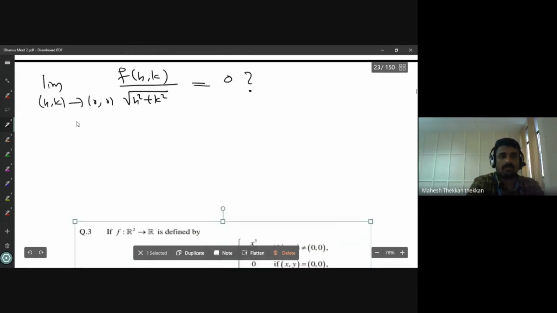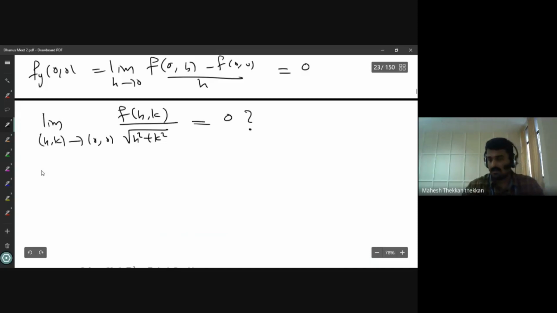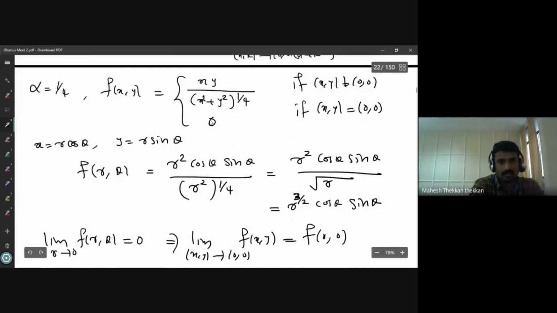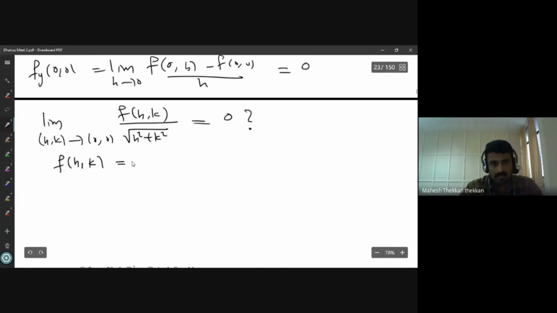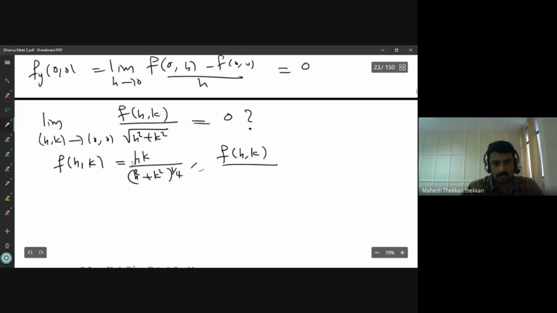So you just compute this value. What will be the value? What is f of hk? F of hk is equal to hk divided by, I have to substitute, yeah, hk will be in the numerator. In the denominator I have h square plus k square whole raised to 1 by 4, right? Then again I will look at f of hk divided by square root of h square plus k square.